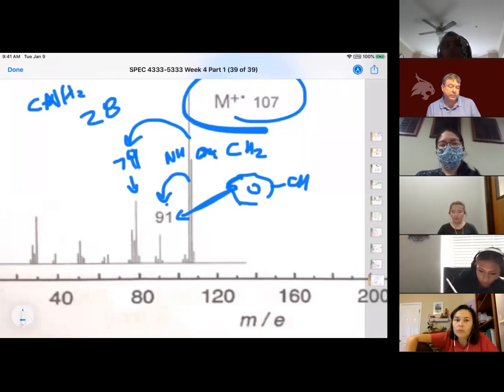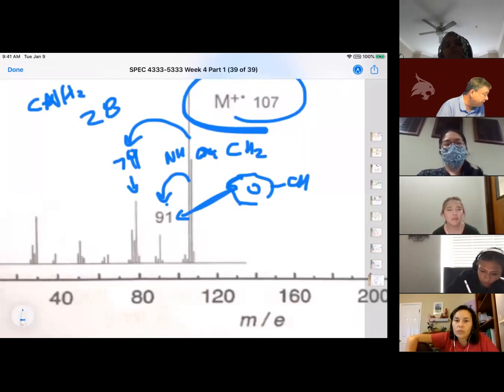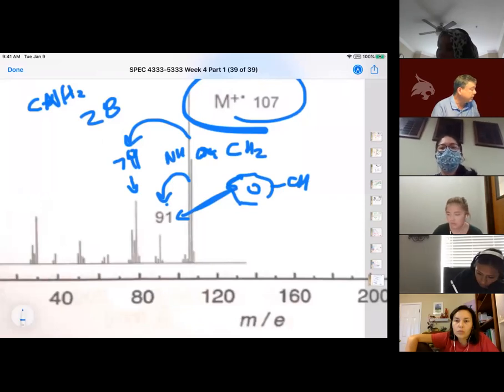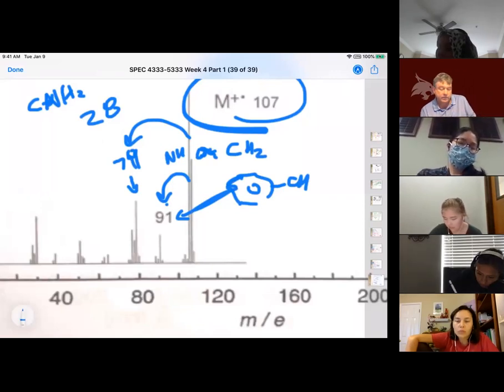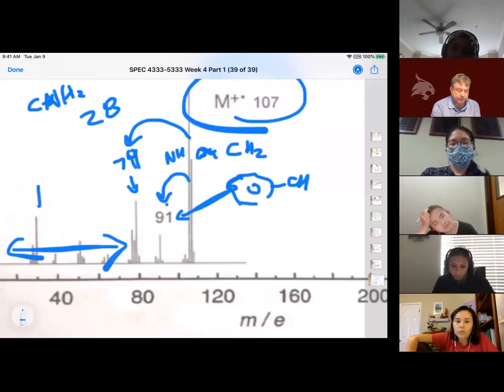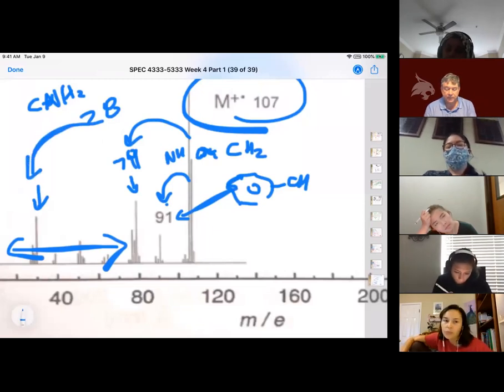So that's a possible fragment of 28. C2H4, N2. We don't have any oxygen, so it can't be carbon monoxide. So that's a possible fragment there. We have nothing of big significance. Well, maybe this one right here. This is 30. That's probably this fragment here.